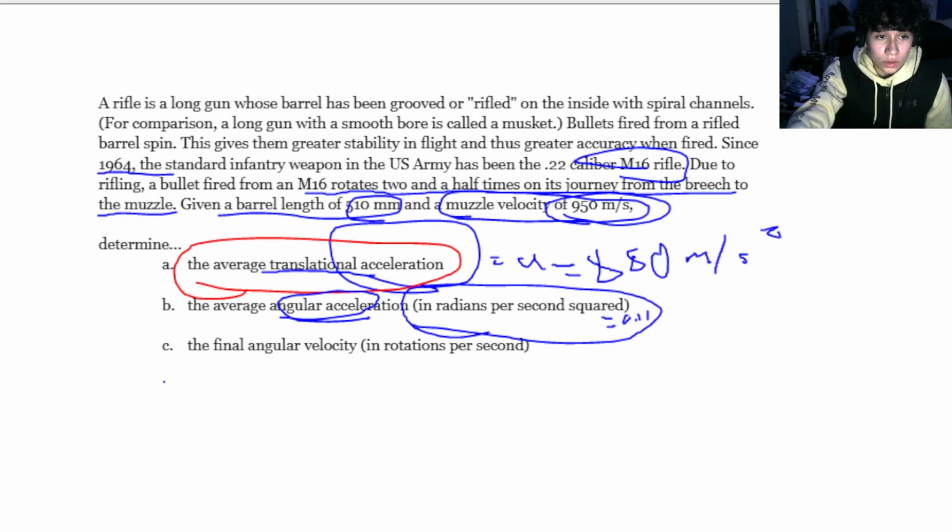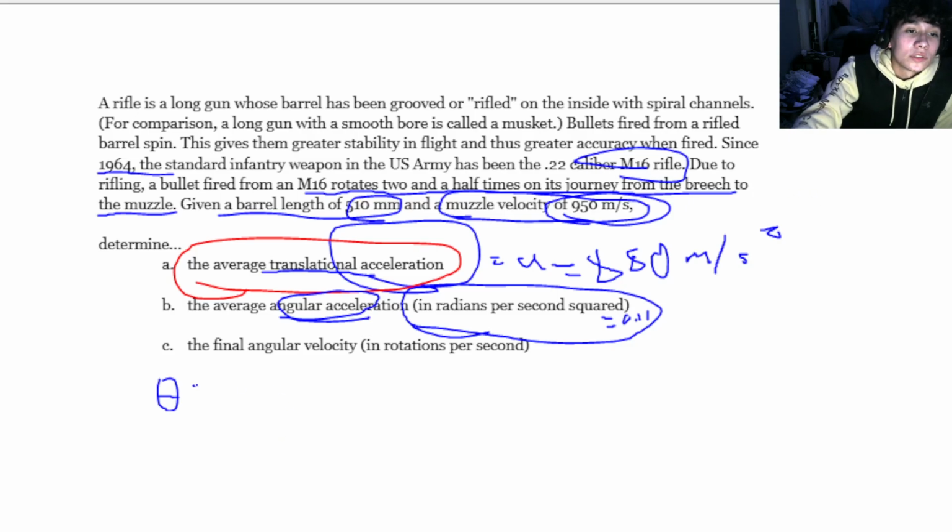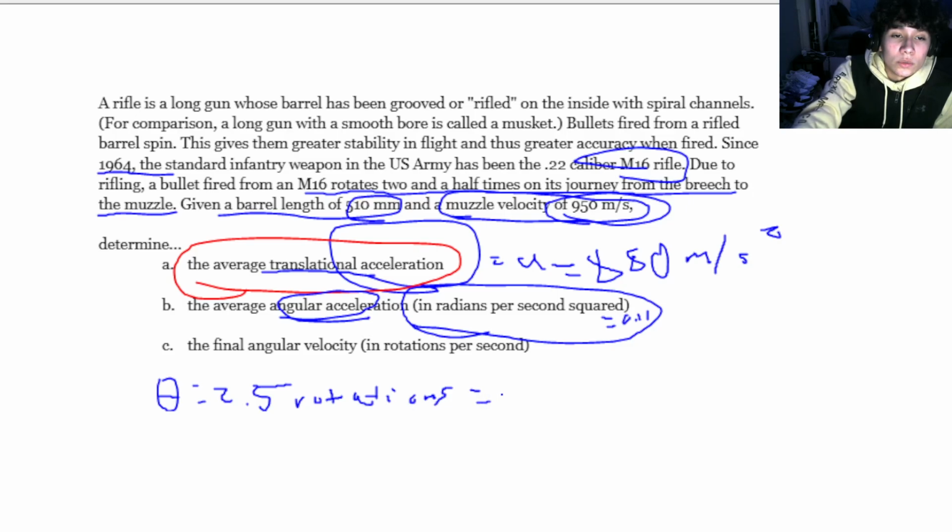This variable here is your angular displacement, which is 2.5 rotations on its journey from the breach. And this would equal 5 pi radians, because one rotation is 2 pi.